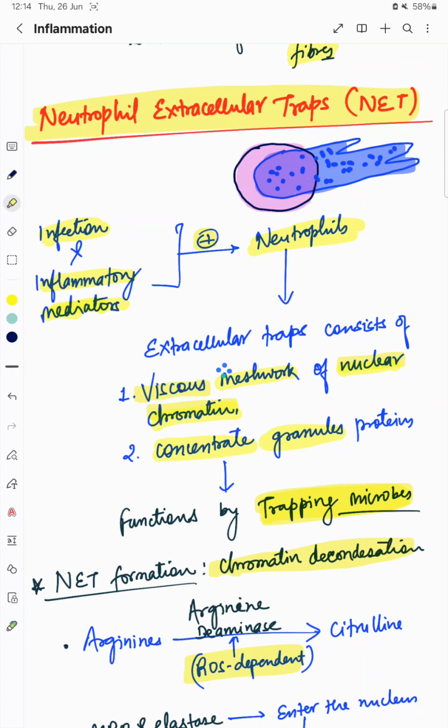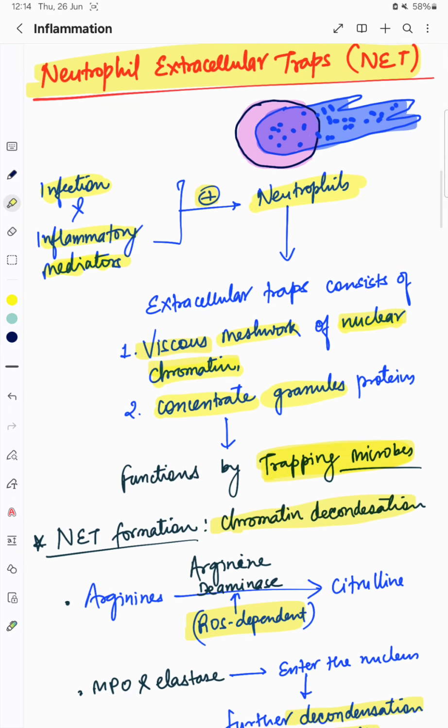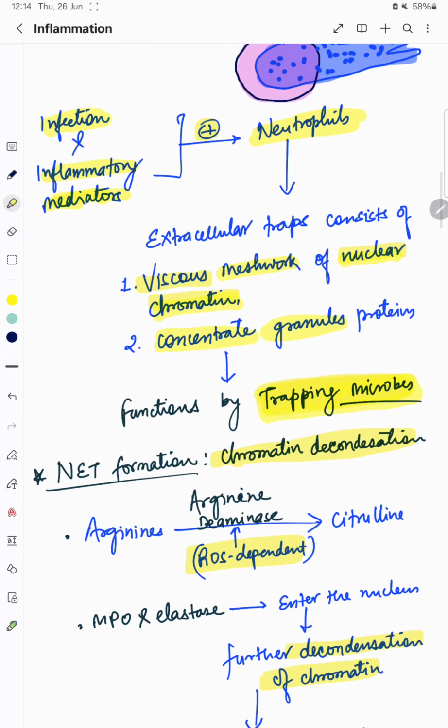This net basically traps the microbes and kills them.